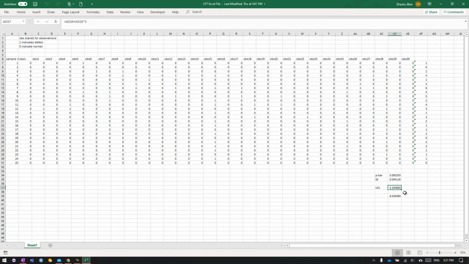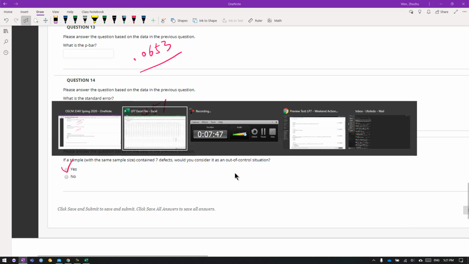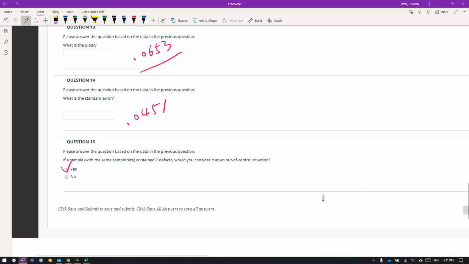You can just look up the corresponding count for your upper control limit, which is 20%. 20% of 30, the size of your sample, is equivalent to 6.02. So if you got 7, it's still more than 6.02. Therefore, it makes an out of control situation. Okay, so that kind of concludes this exercise.